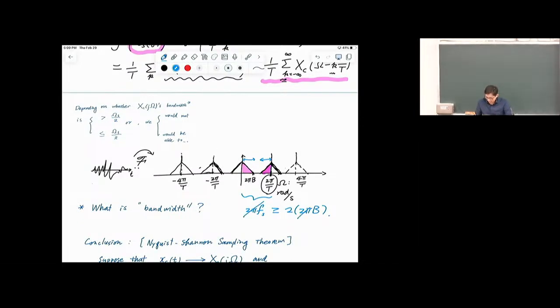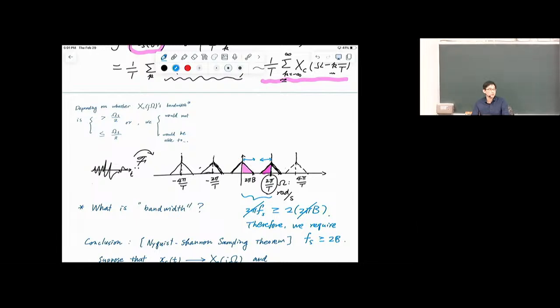Therefore, just canceling 2 pi, the conclusion is, therefore, we have a requirement. We require Fs to be greater than 2B so that we don't need to worry about spectrums overlapping.